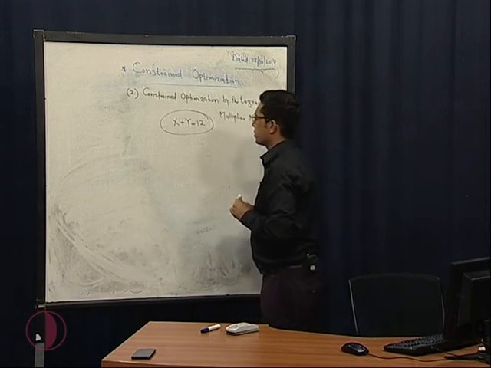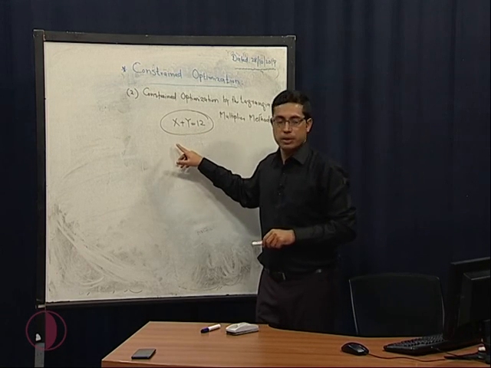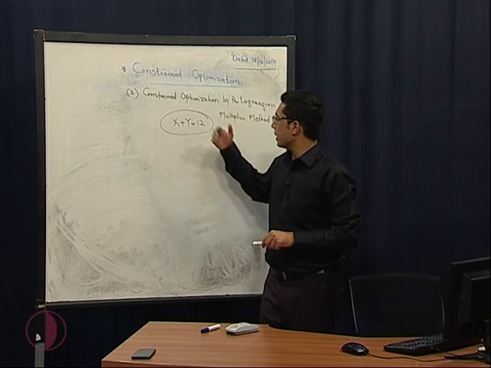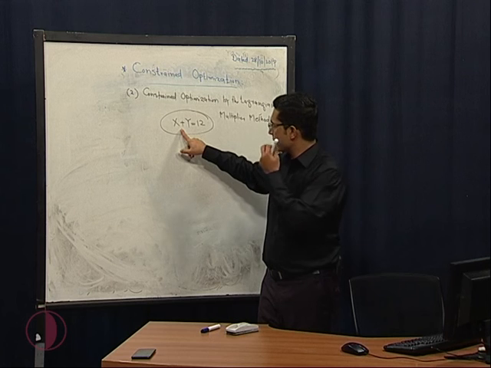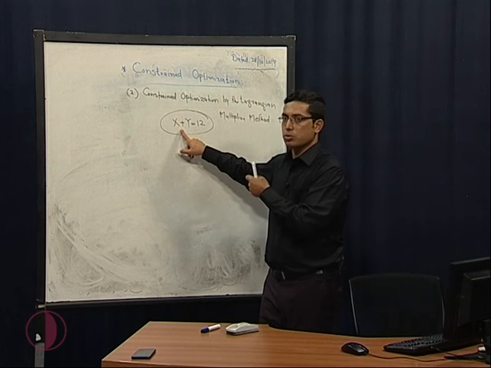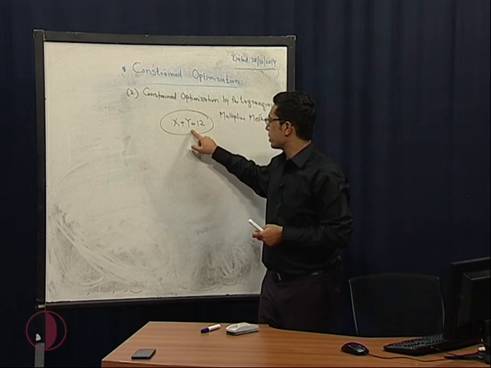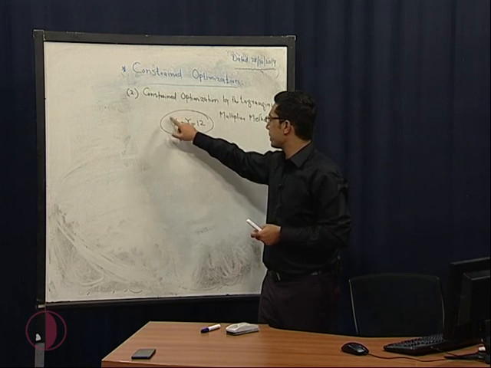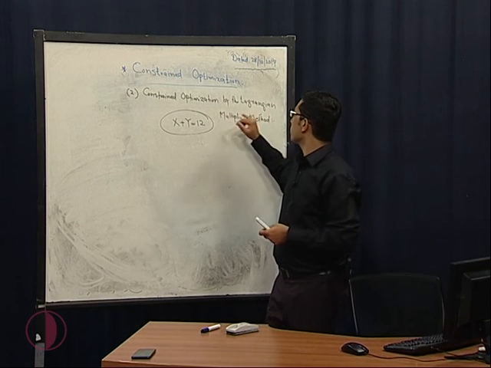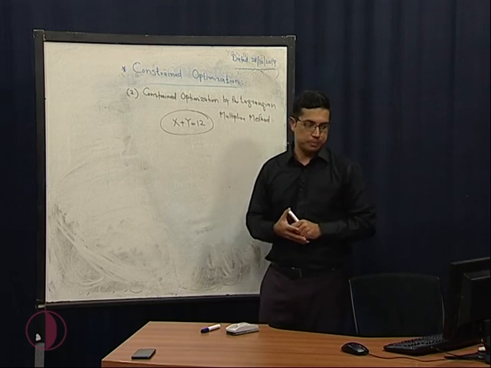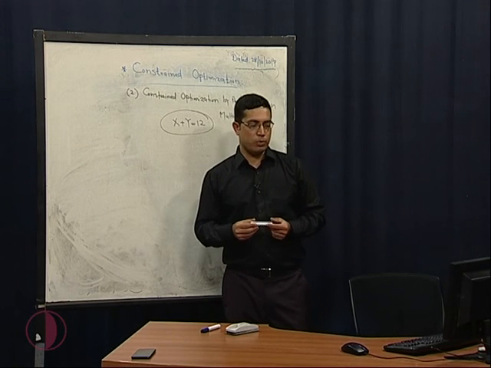If the constraint equation is too complex or cannot be solved for one of the decision variables, if it is impossible to solve this constraint function in terms of x or y, in that case we will use the Lagrangian multiplier method.